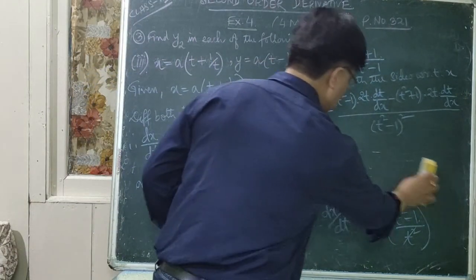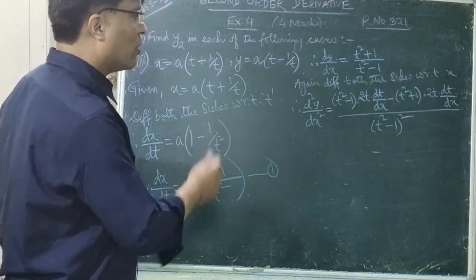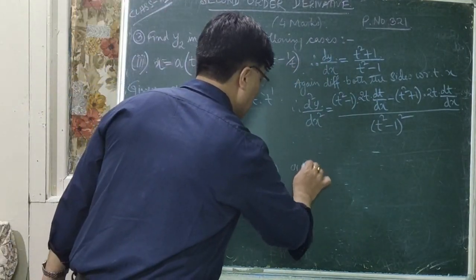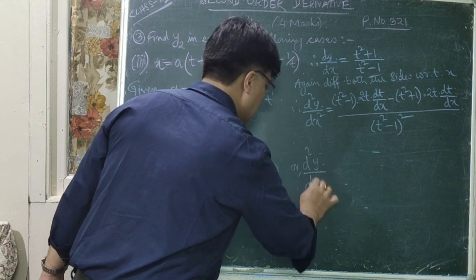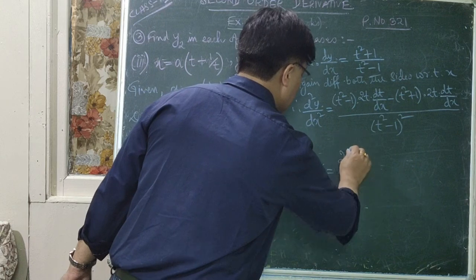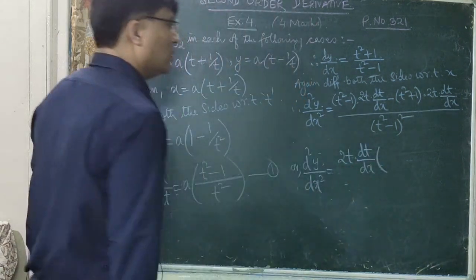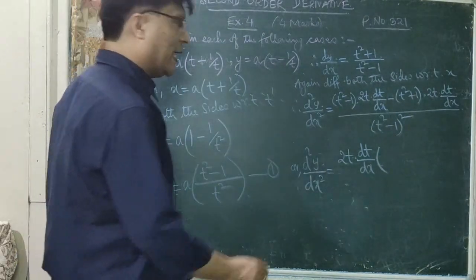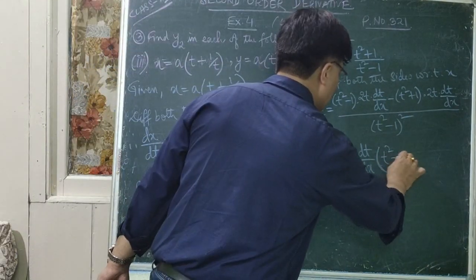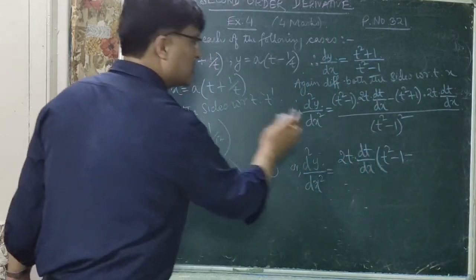Now you have to simplify it. Now let us simplify it. So what is common in the numerator? Or d2y by dx square is equal to, what is common in the numerator? It is 2t into dt by dx is common. So within the bracket, what do we have? We have t square minus 1, then minus, this 2t dt by dx is common here.